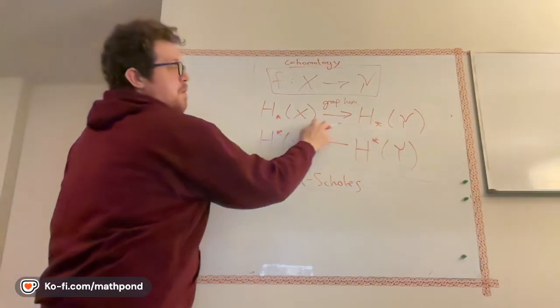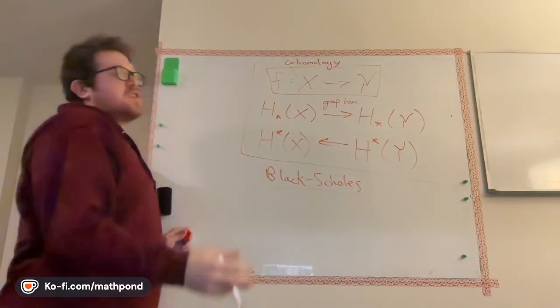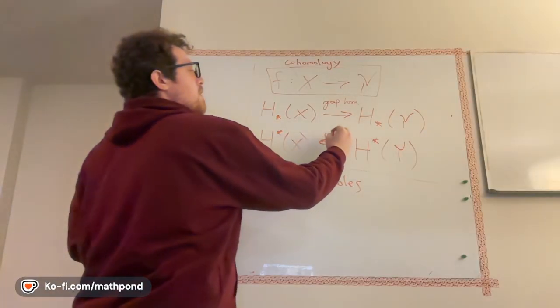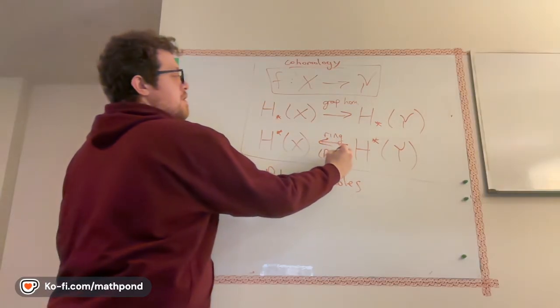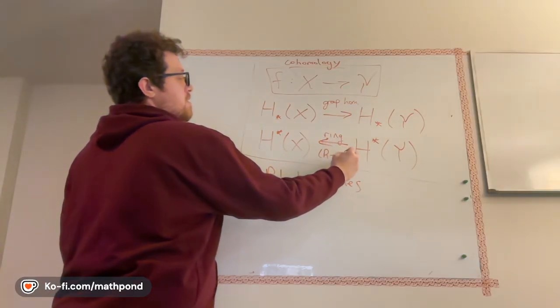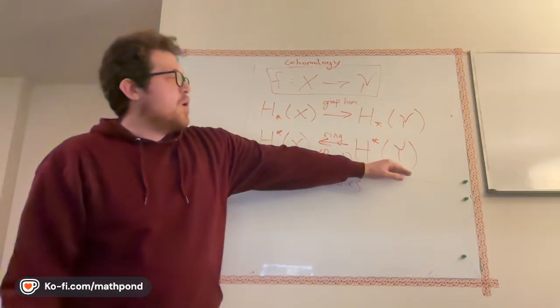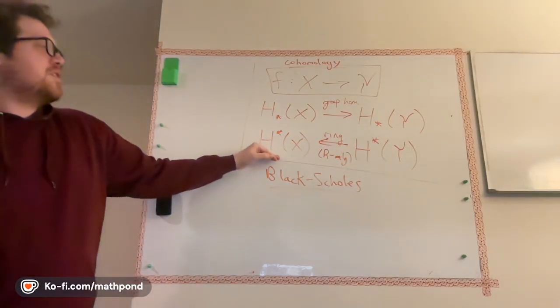You get a group homomorphism between these groups from the X1 to the Y1. But you also get a ring homomorphism, or in general it'll be an R module, or an R algebra actually, homomorphism between the cohomology ring of the Y space to the cohomology ring of the X space.